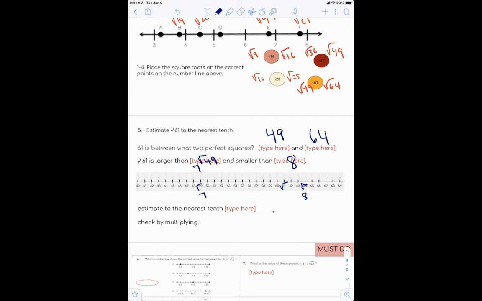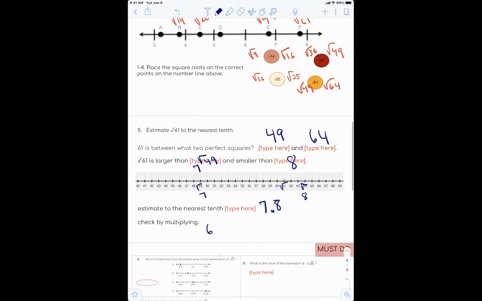Or I could say it's about 12/15 of the way on the number line, which gives me about 3/4 of the way on the number line. So I'm going to say it's about 7.8. And then I'm going to have you check that by multiplying 7.8 times 7.8 on paper.